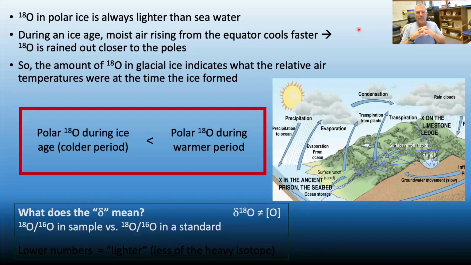So the amount of O18 in that glacial ice indicates what the relative temperatures were at the time the ice formed, right? So how cold it is has an impact. You have less oxygen 18 in that ice during colder periods and more during warmer periods.